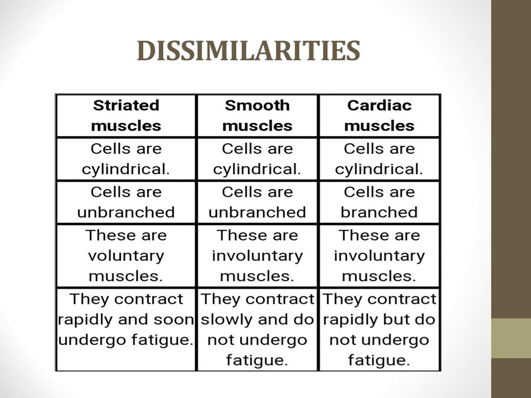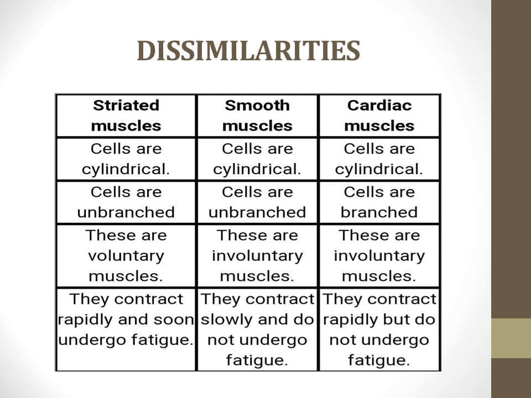Okay. Then the fourth point is, striated muscles contract rapidly and soon undergo fatigue. So if you keep working with these skeletal or striated muscles, we become tired. Fatigue means tired. Those muscles become fatigued. But smooth muscles as well as cardiac muscles keep on working, but they do not become fatigued, right?